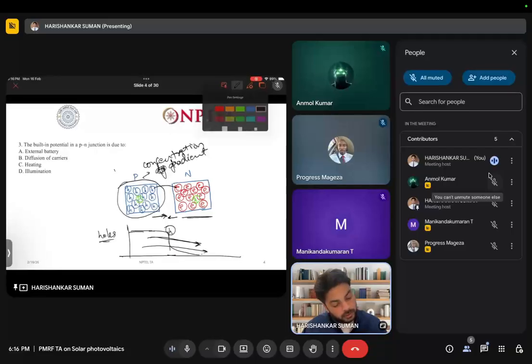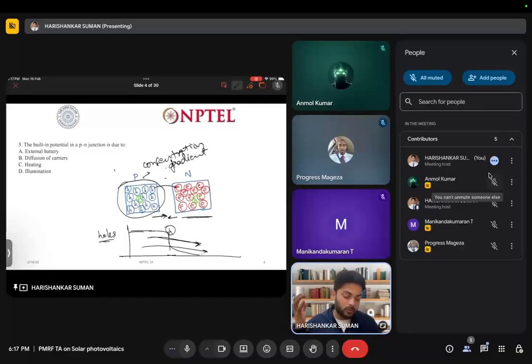Due to this gradient, like water flowing from high to low level, holes want to go to the other side.